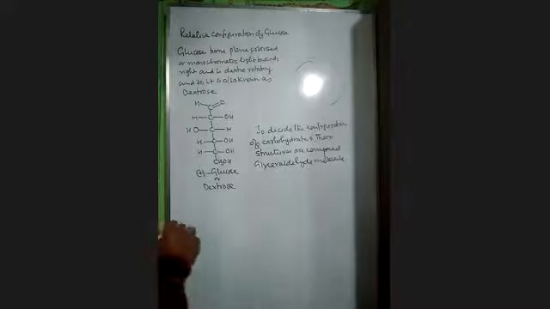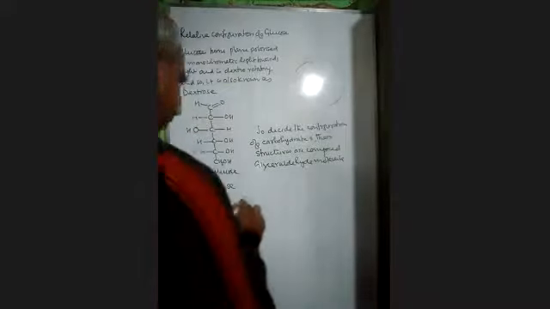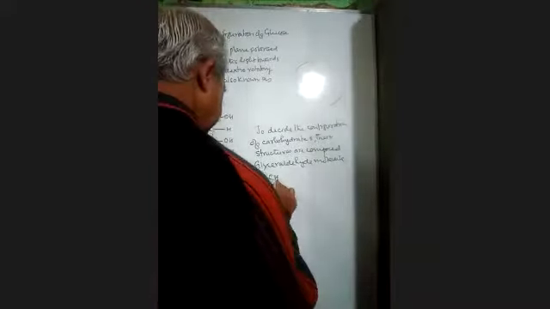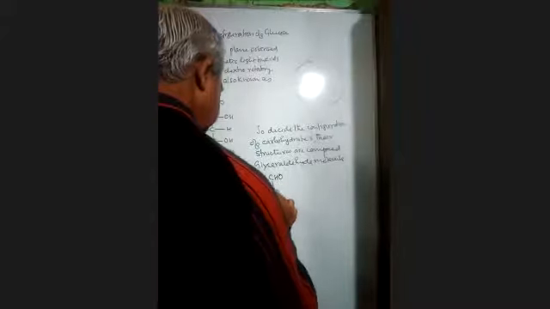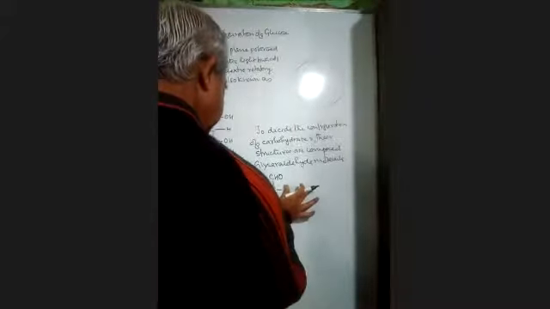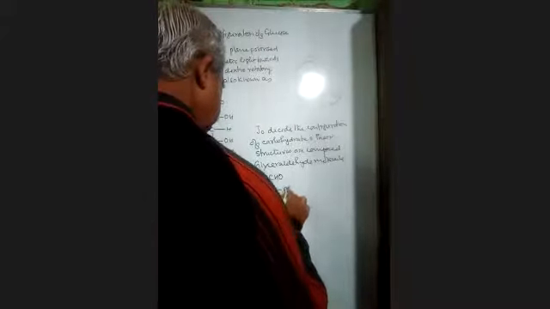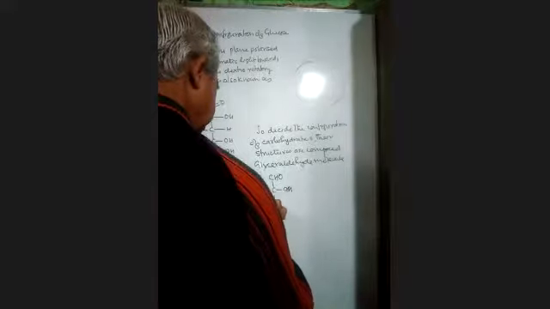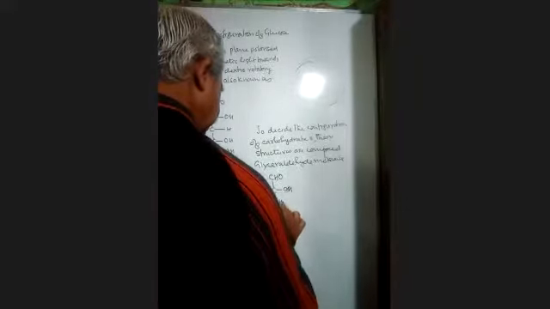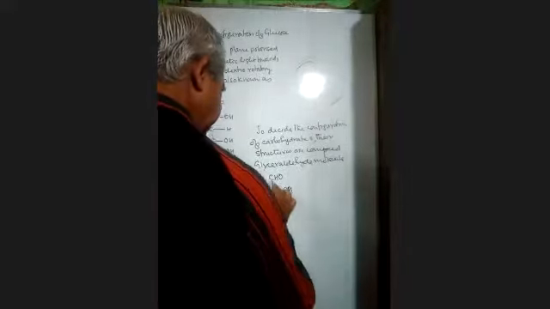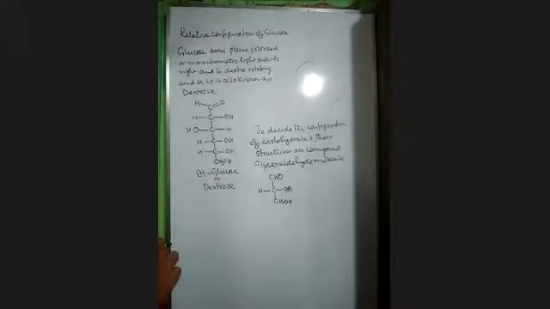This is a reference. All right. How does the glyceraldehyde molecule look like? CHO, CH, H, and CH2. See there, this is aldotriose.